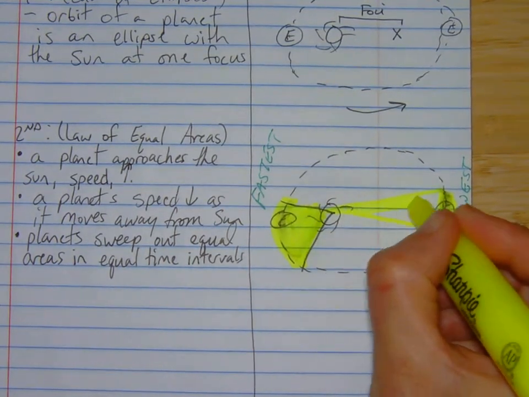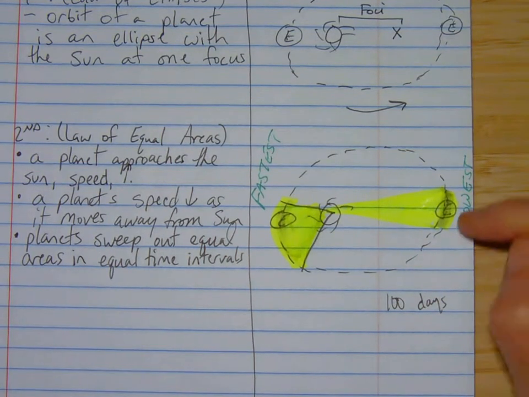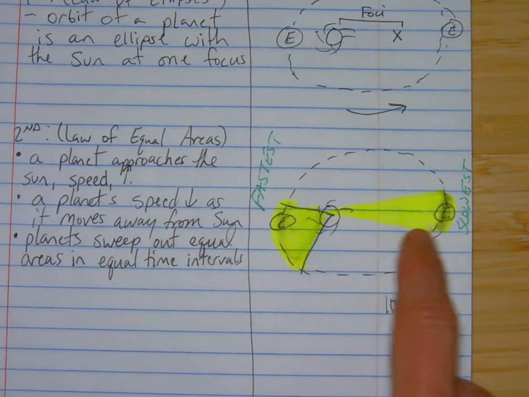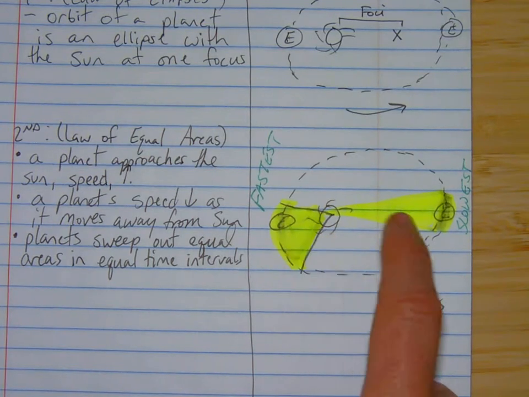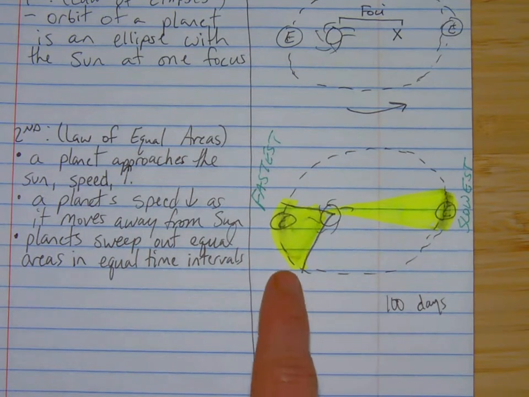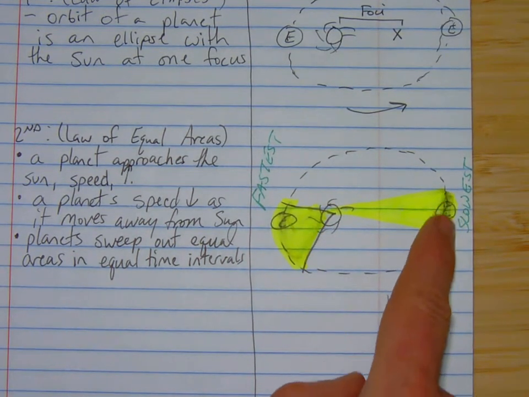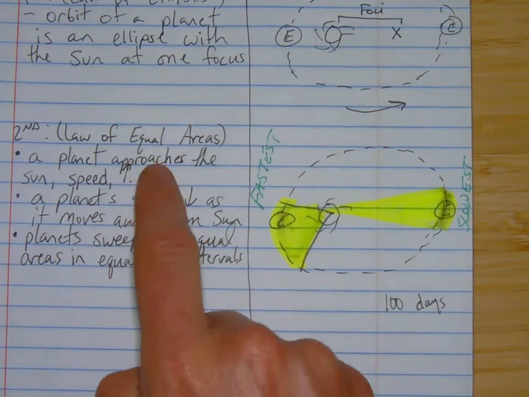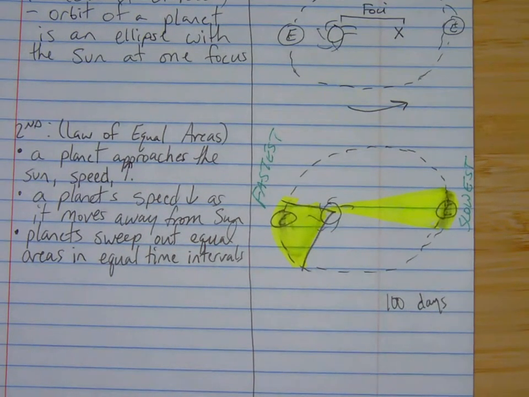Now, you know my drawings aren't very good, but hopefully you can see what I'm talking about here, where even though we covered less distance, that area, because we have to connect it back to the focal point, back to the sun, that area is the same as that area. Right? That's what it means by it sweeps out equal areas in equal time intervals. So in 100 days, longer path in the orbit, but the sun isn't as far away. Shorter path in the orbit, but the sun's a long ways away. All right? And that's all because of this change in speed. All right, so that's the second law.